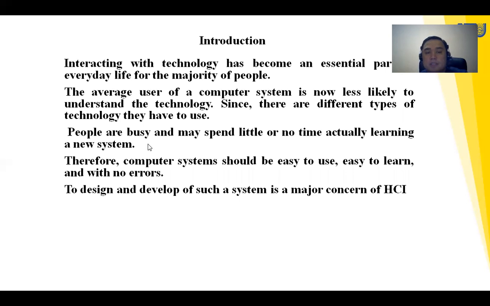People are fussy and may spend little or no time actually learning a new system. Therefore, a computer system should be easy to use, easy to learn, and with no errors.